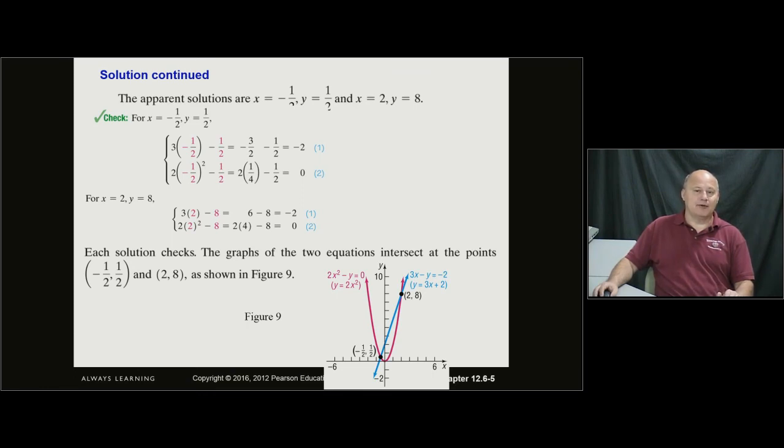Well, you would have got an untrue statement, much like what would have happened back in the other section. Or you would try to solve a quadratic equation that had an imaginary solution, and that's not real. So that's the indicator here when the system is going to be inconsistent.